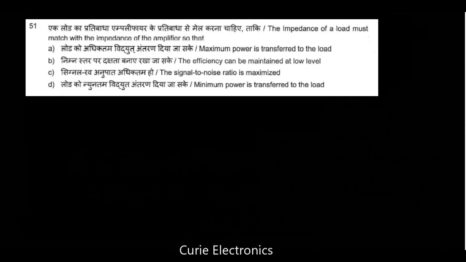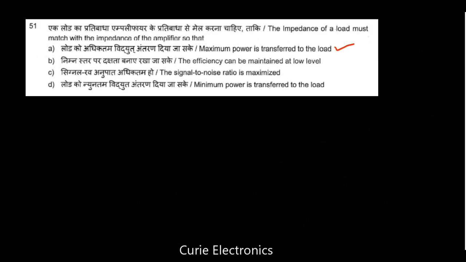The impedance of a load must match with the impedance of the amplifier so that maximum power is transferred to the load. This is known as the maximum power transfer theorem.